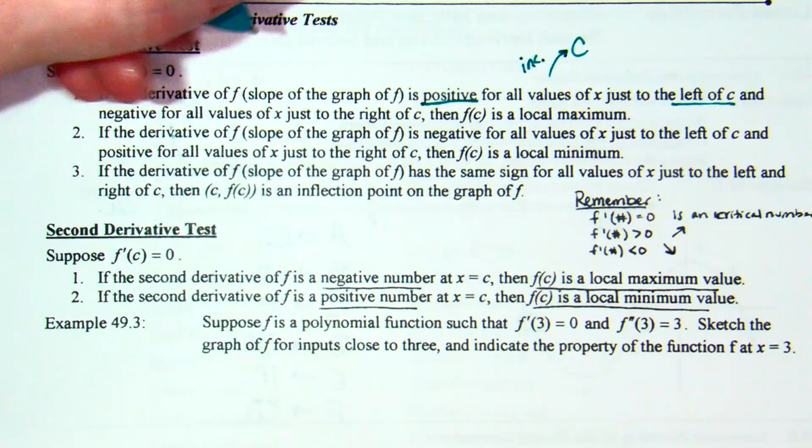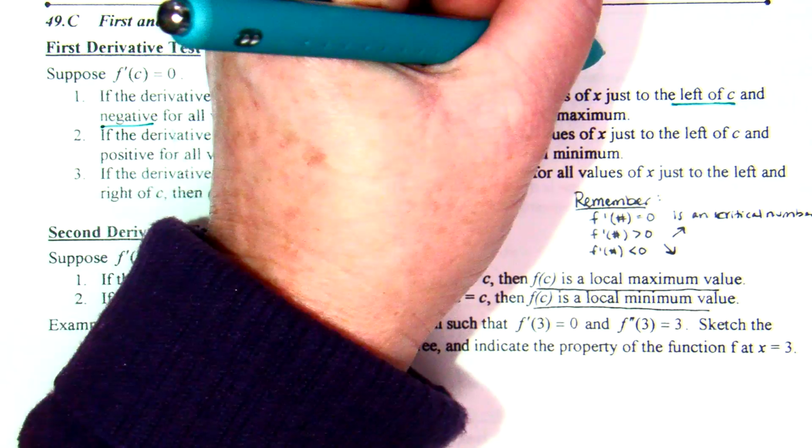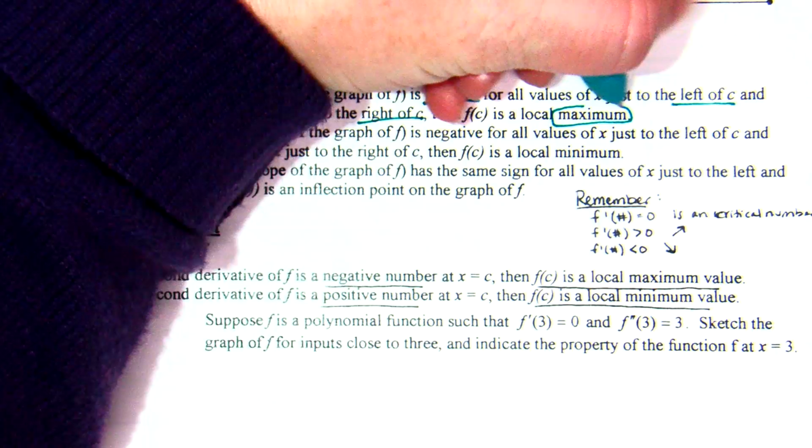And then it says, and negative for all values just to the right of C. So if my derivative is negative to the right of C, what's that mean? It's going down. It's decreasing. What did we just make C into then? It is a local maximum. So the idea is if your first derivative is positive on the left, an increasing graph, or excuse me, a maximum on that graph.